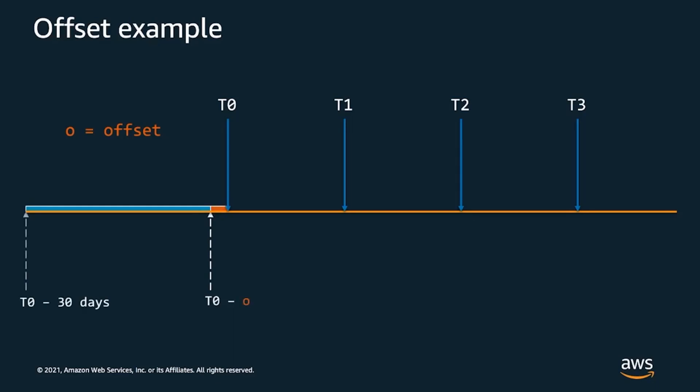When the first run happens, and if you keep the default of 30 days, that very first run is going to go back based on the timestamp you set. The first record is going to be T0 minus 30 days, right up to T0 minus the offset. So it's not going to come right up to the time.